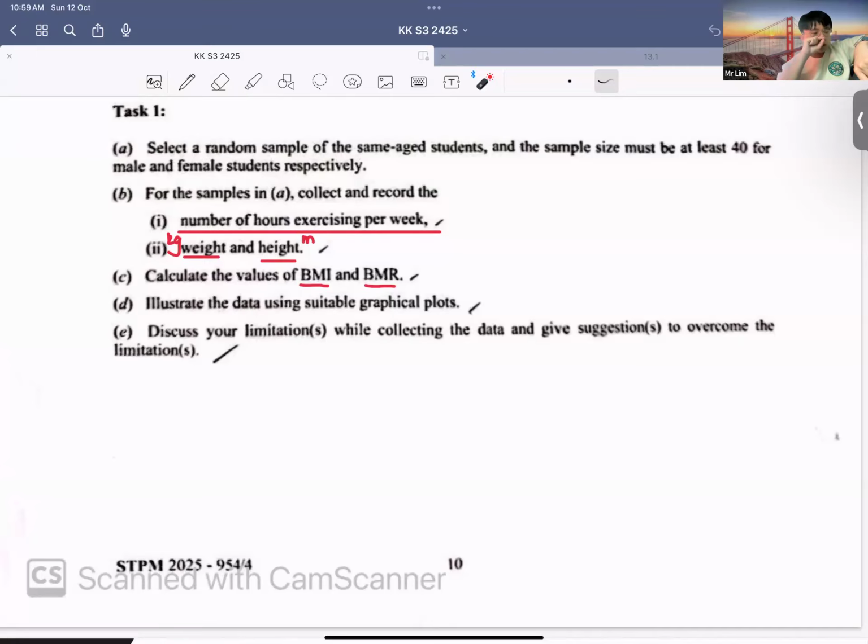Another example, let's say some person has a disease that can affect the weight or the height, but we didn't consider it. This can be another factor. So how to overcome it? Maybe you can suggest including this part in the questionnaire.